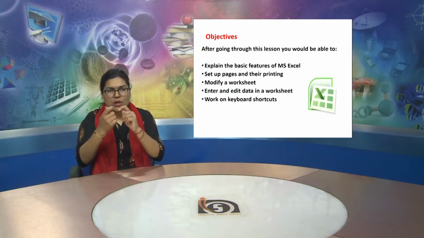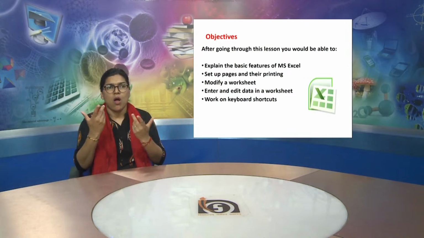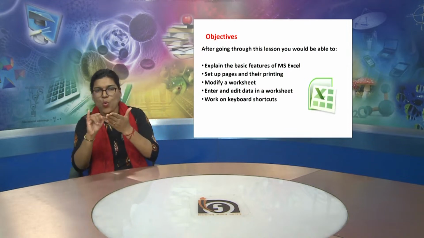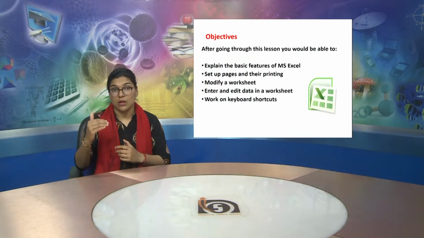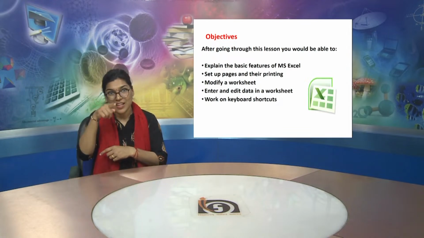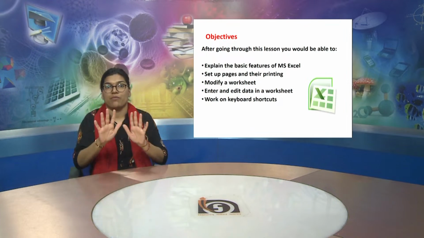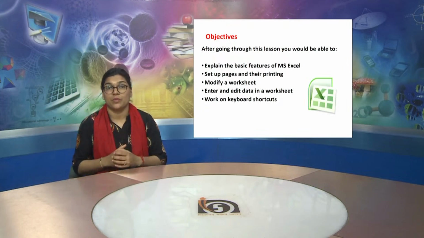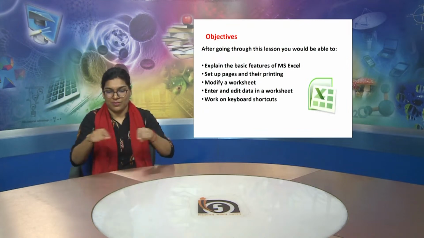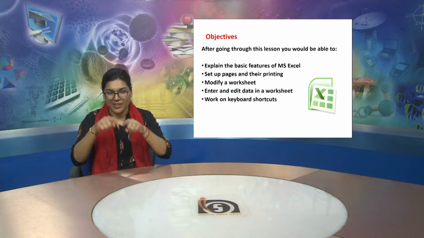And also you will be able to modify a worksheet. Along with that, you will be able to enter and edit data in a worksheet. And the last objective is you will be able to work with keyboard shortcuts.